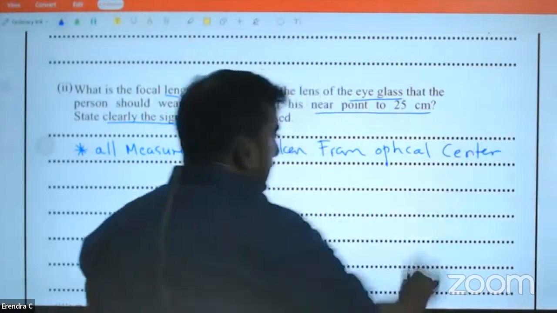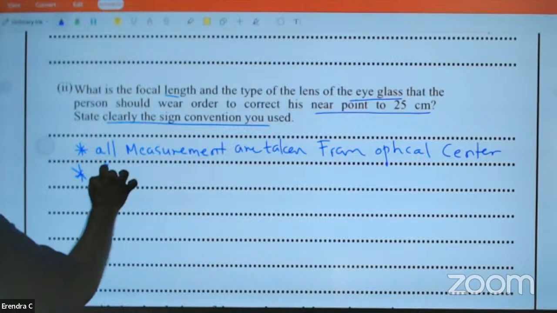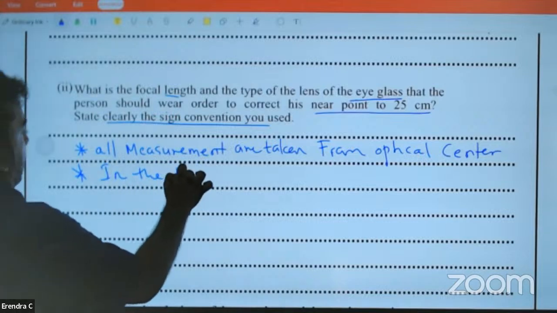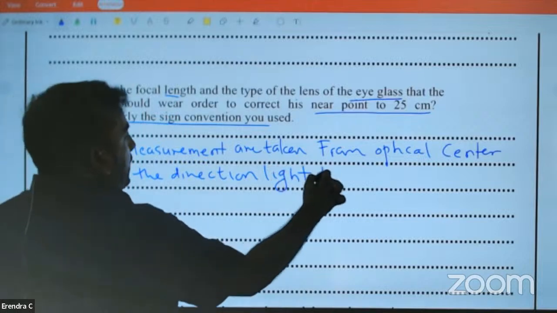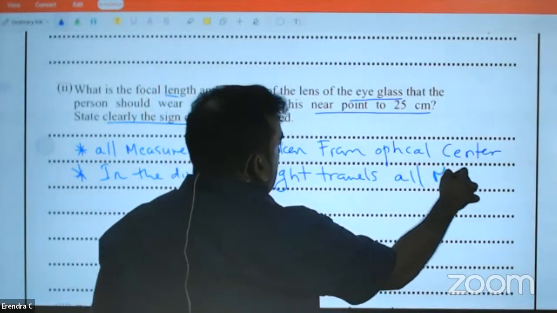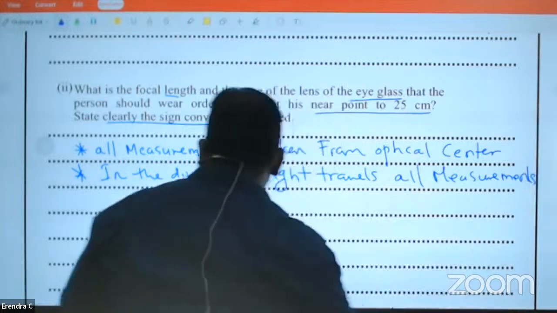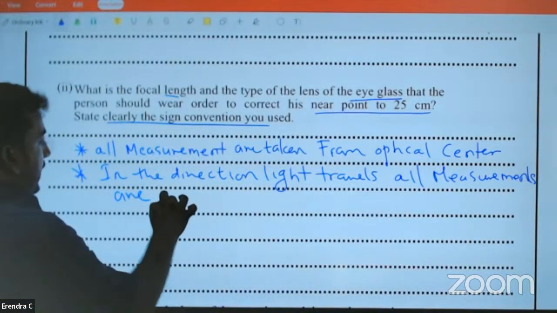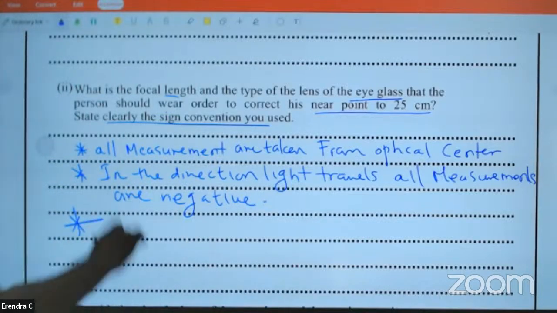In the direction light travels, all measurements are negative. Next one.